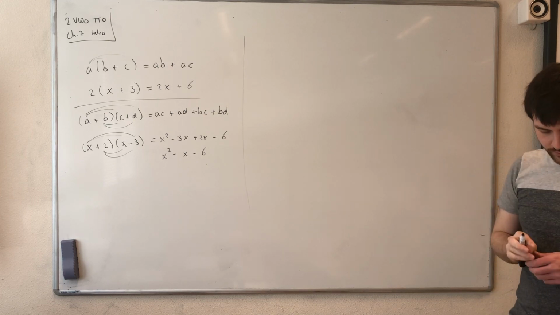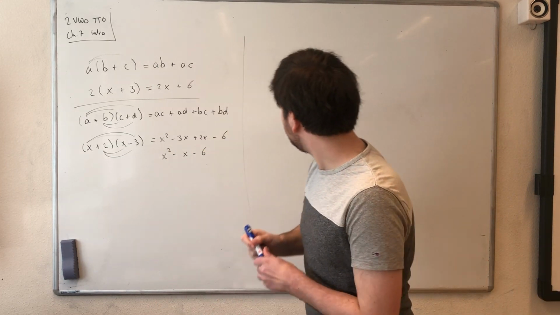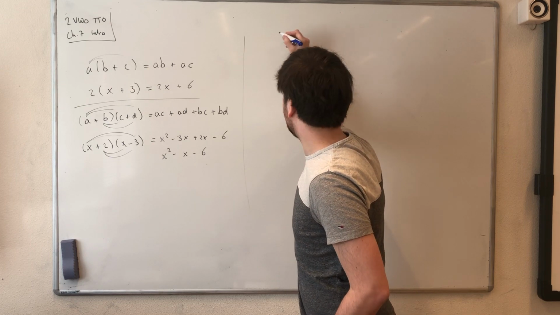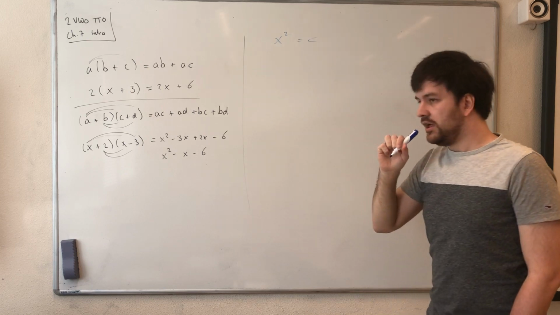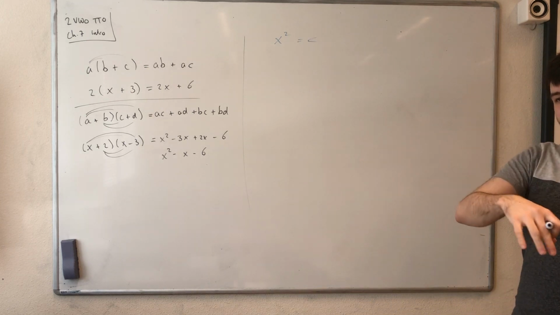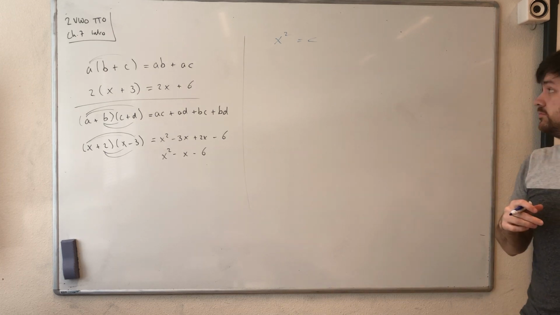In the second part, we're going to look at solving equations. So far you've had quadratic equations of the form x squared equals c. And if you didn't have that form, you had to work towards it. So far, it was always possible.